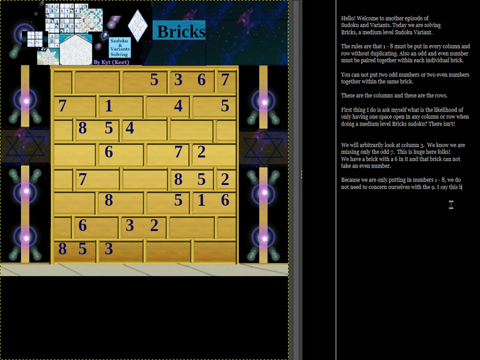I say this because sometimes I want to try and put in that 9 where it does not belong. So I put in the 7 here.